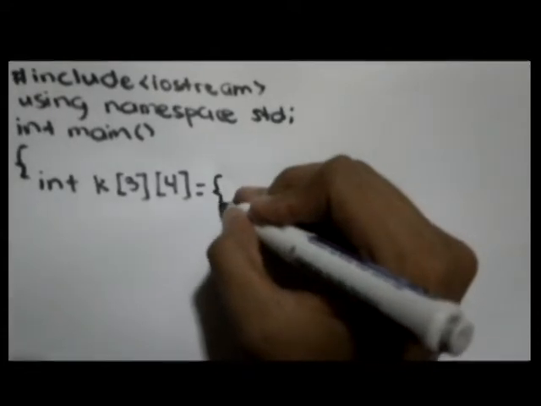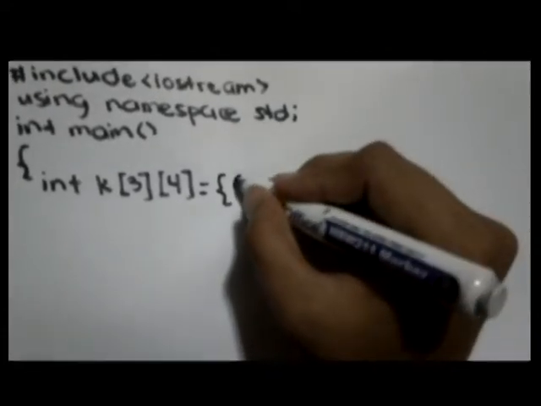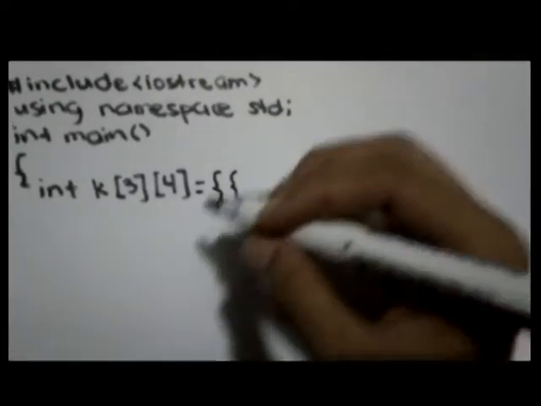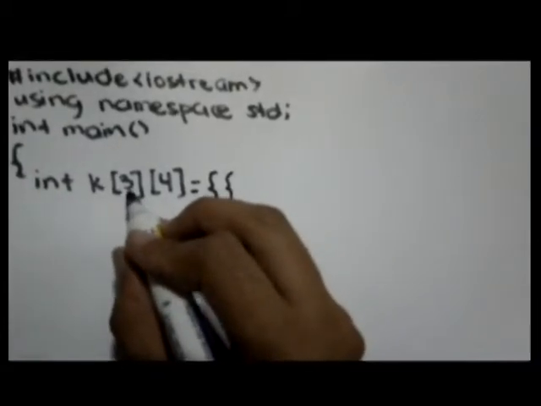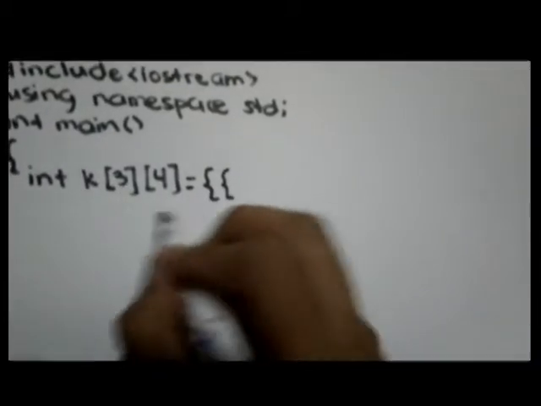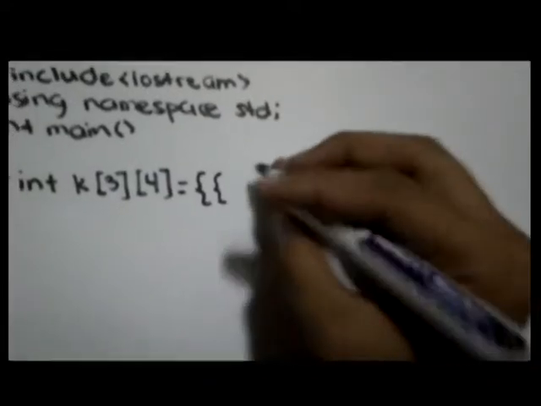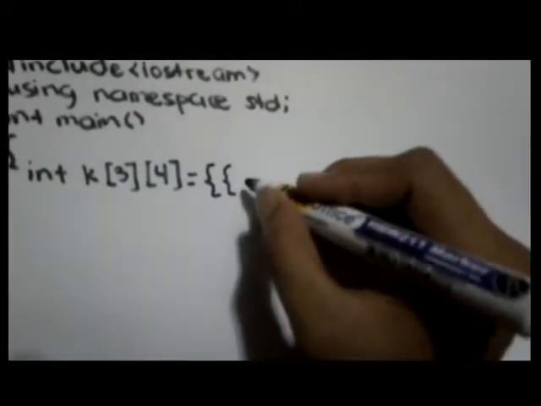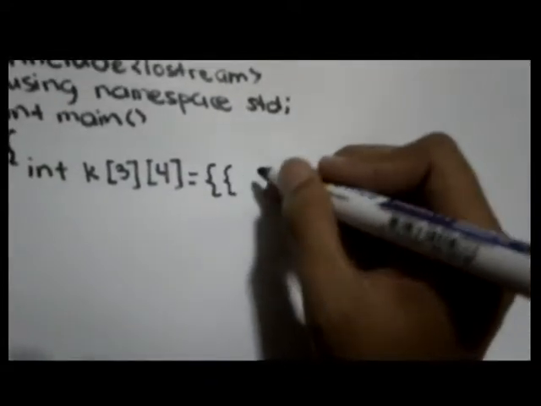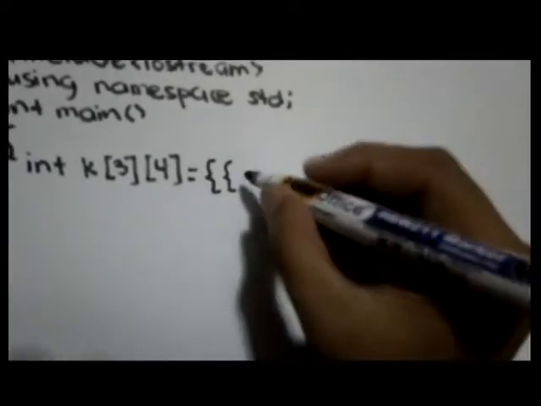Let's have an open braces. Inside of it is another open braces, because we have here 3. So our array will compose of 3 open and close braces. Inside of it, we will have 4 values because we have 4 here.